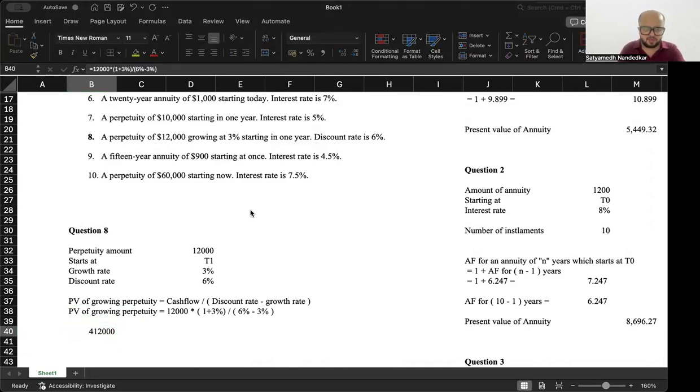Now, there is a slightly different perspective to this question. You have to be careful about the timing of the cash flow starting. This is the first cash flow. The first cash flow is 12,000 and that will continue to grow at 3%. So should we consider 12,000 plus 3% in the numerator, or just 12,000?